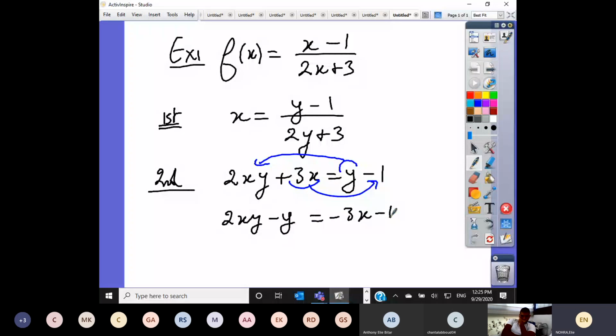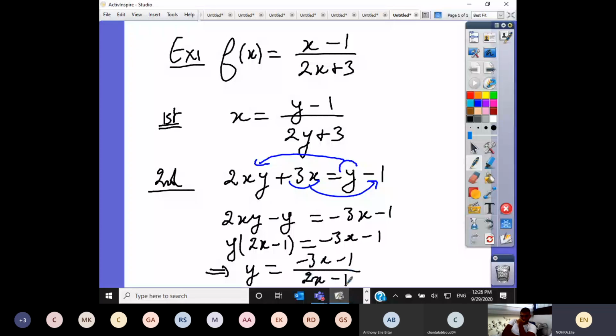So y into 2x minus 1 equals minus 3x minus 1. Then y equals minus 3x minus 1 over 2x minus 1. Okay? Finally, this is the f minus 1.